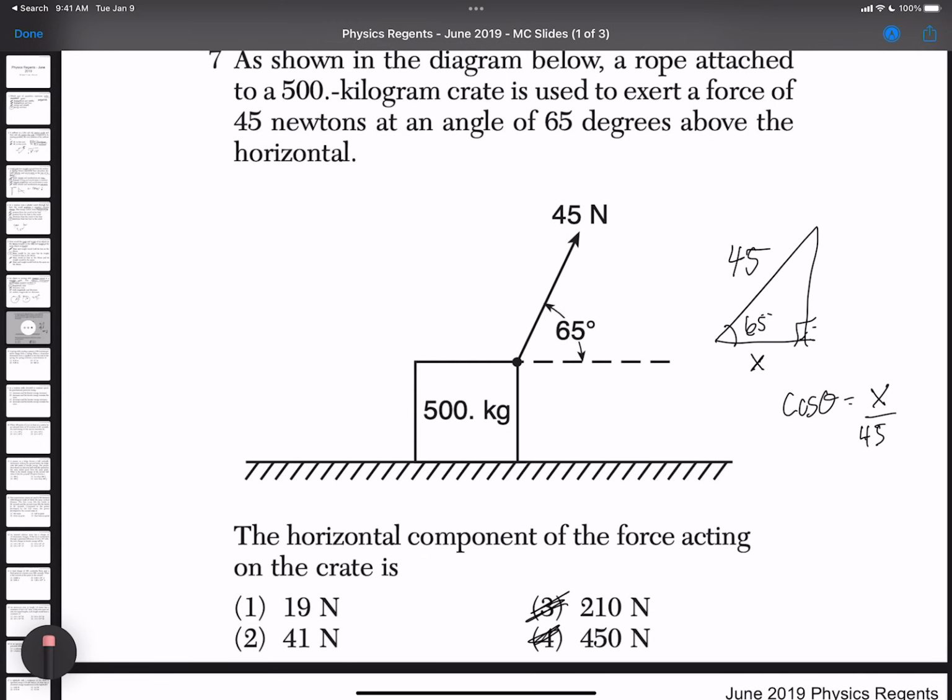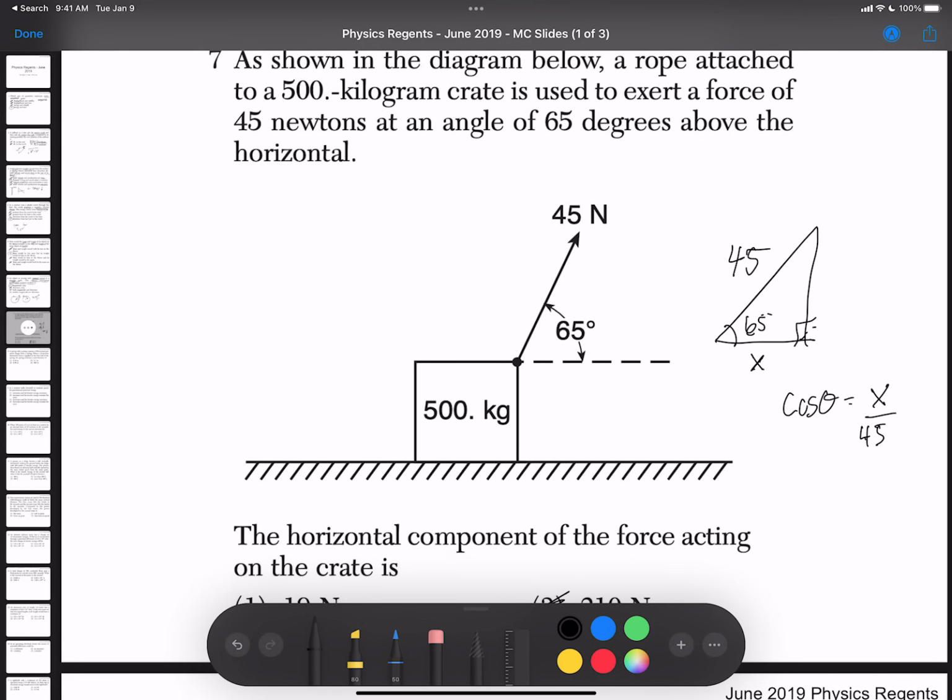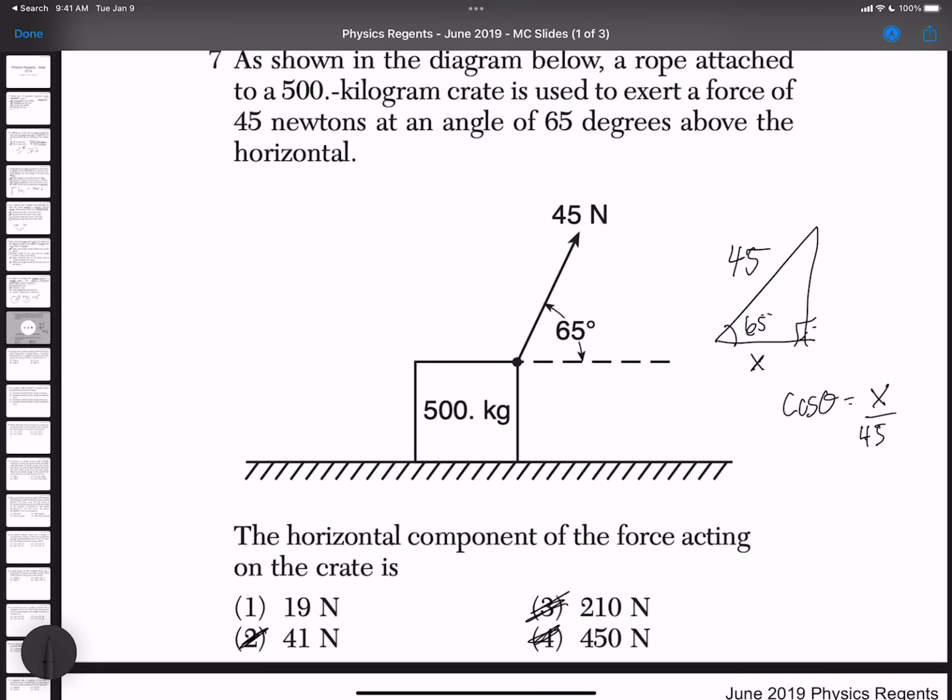In a sense, I could eliminate answer choice 2, or I can also get out my calculator and do 45 times the cosine of 65 degrees, and I will get answer choice 1.